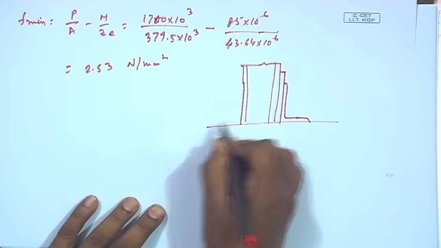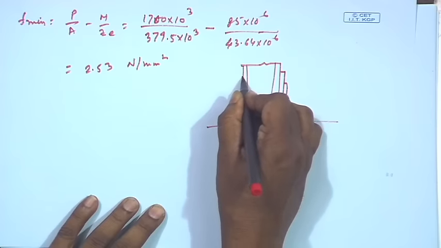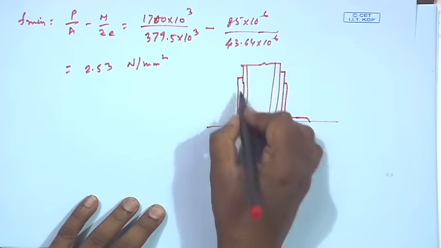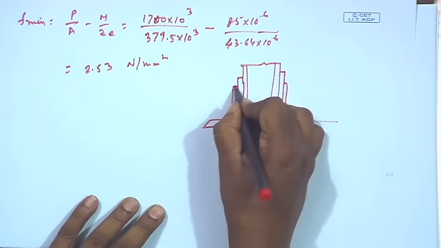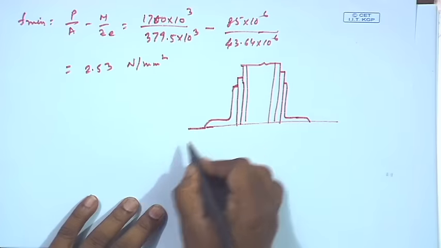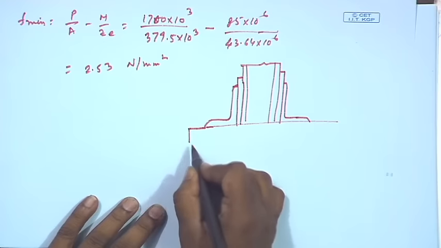Similarly, here we have a gusset plate and then an angle, and then some overhang portion.